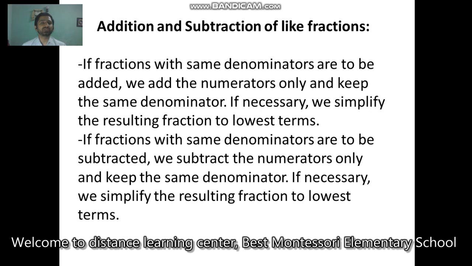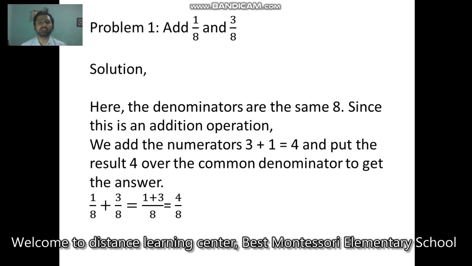Now today we also continue with operations on like fractions, and I am focusing first on addition and subtraction. It's very simple. Let's take two like fractions, 1 by 8 and 3 by 8. Here the denominator is the same, that's why they are like fractions, 8 and 8. What we do is simply add the numerators.